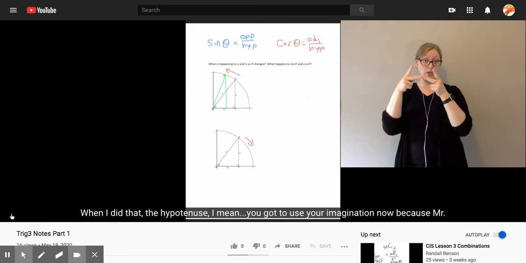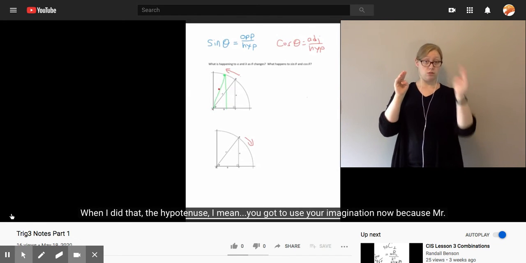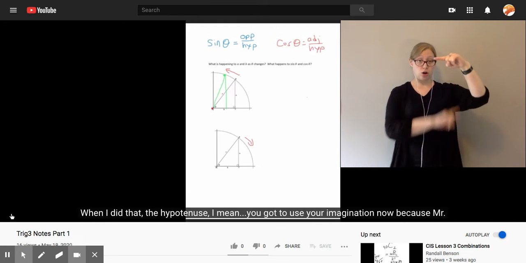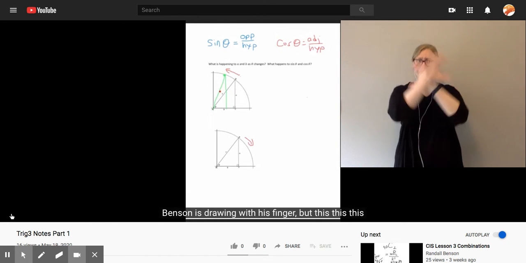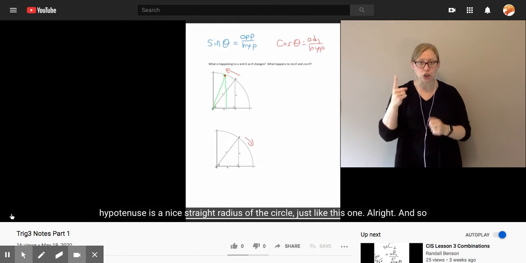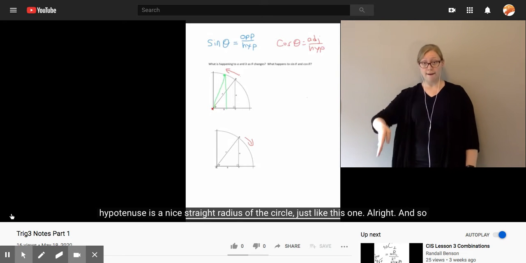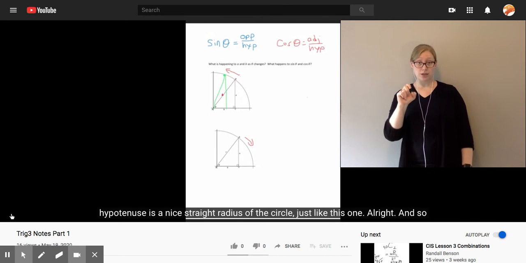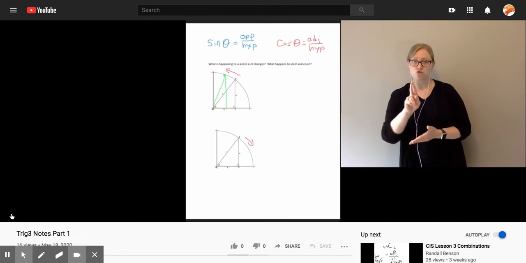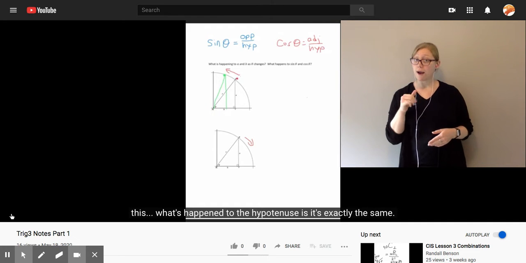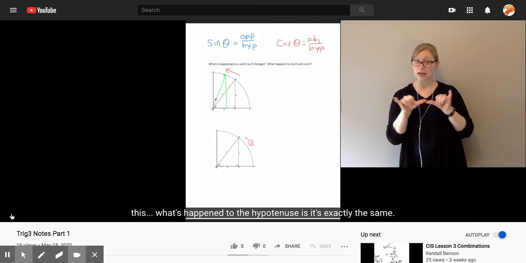When I did that, the hypotenuse, you got to use your imagination now because Mr. Benson's drawing with his finger, but this hypotenuse is a nice straight radius of the circle, just like this one. All right, and so what's happened to the hypotenuse is it's exactly the same.